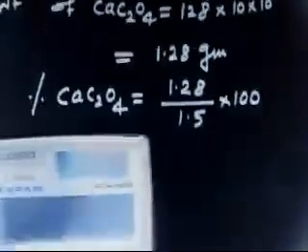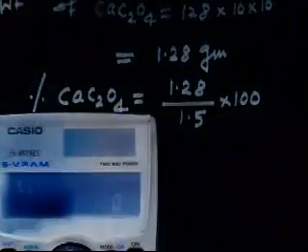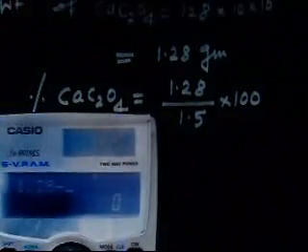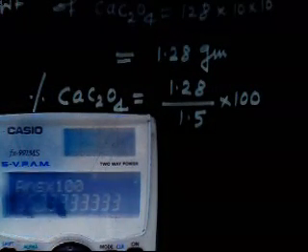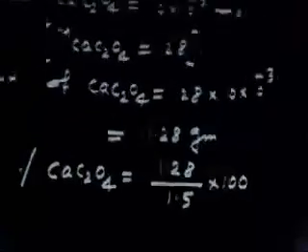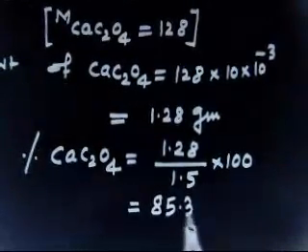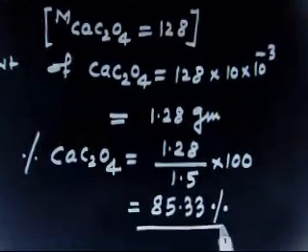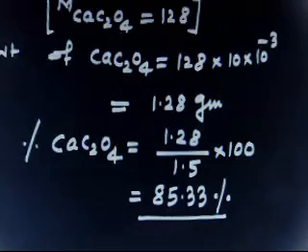So if I do the calculation, 1.28 divided by 1.5 into 100, this comes out to be 85.33%. Are you getting? This is the percentage purity of CaC2O4.